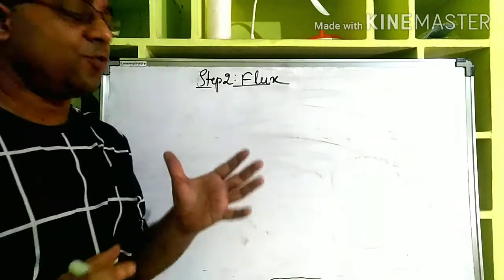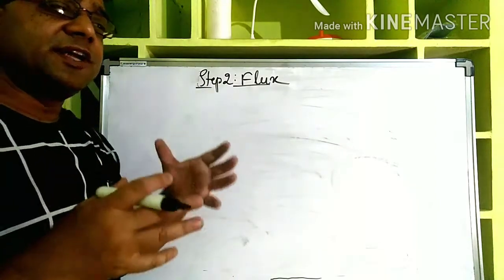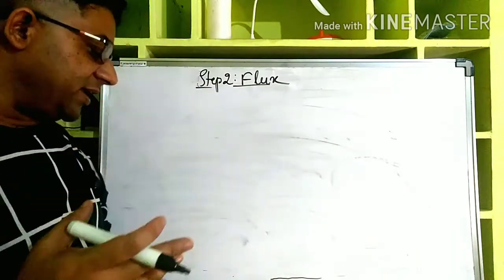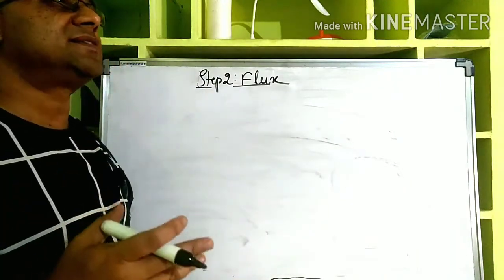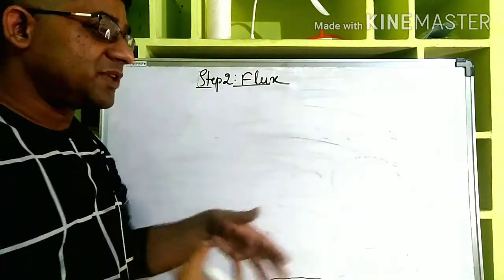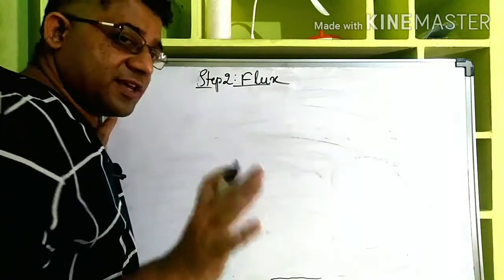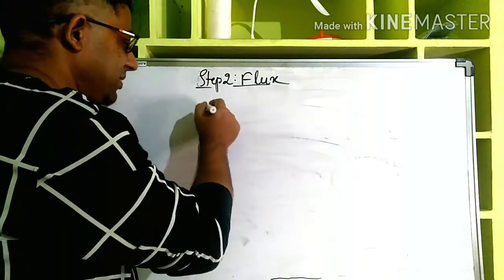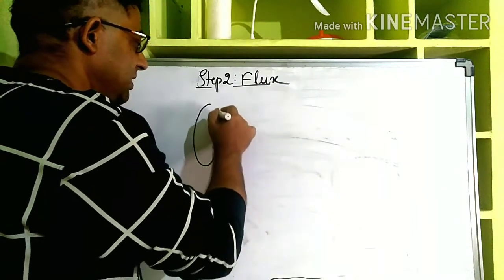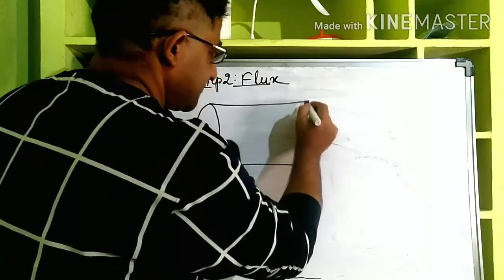Next step, we understand what flux is. In general day-to-day English, we use the word flux, for example, the flux of the river. This is not the case we are going to study, but I am giving you an example from day-to-day life so that you can relate it to what we will discuss further.